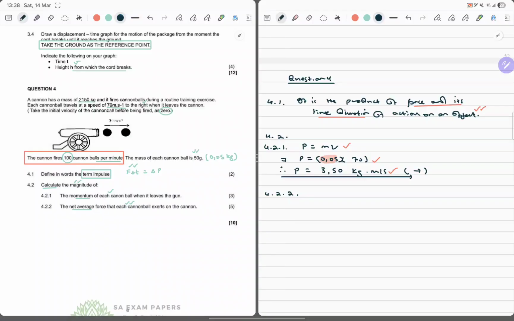Anyway, we're gonna have to think about that. So the net average force that each cannonball exerts on the cannon. So obviously, guys, we know that the impulse, the change in momentum is from 0 to 3.5. So we know the change of momentum is 3.5. And we just need the time.